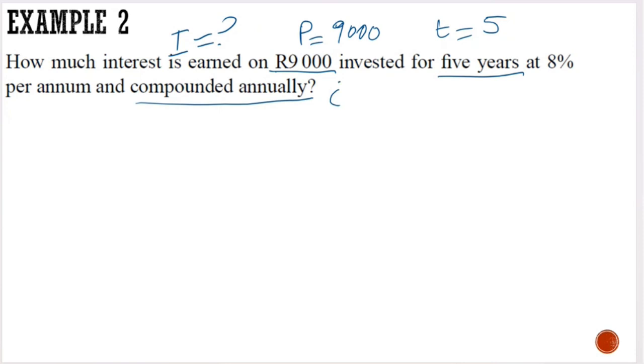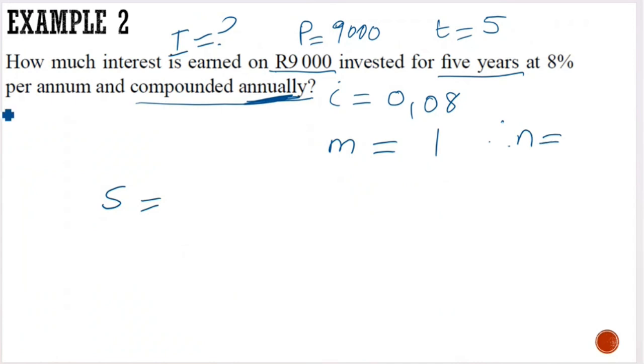So now your I is equal to 0.08. When something is compounded annually, it means your M is equal to 1, okay? So now you can just go and plug into your calculator and find your accumulated amount. Therefore your N is going to be equal to 1 multiplied by 5, which is equal to 5.